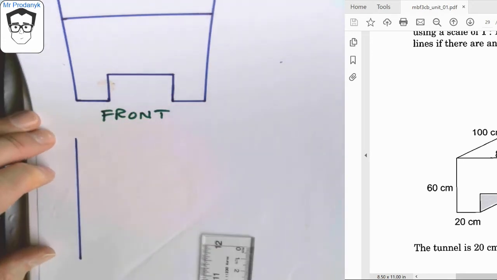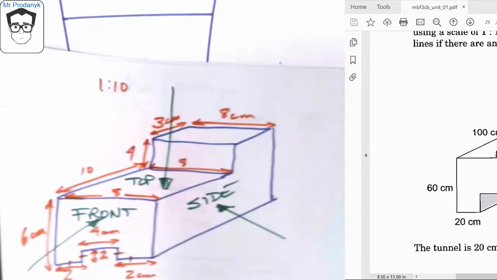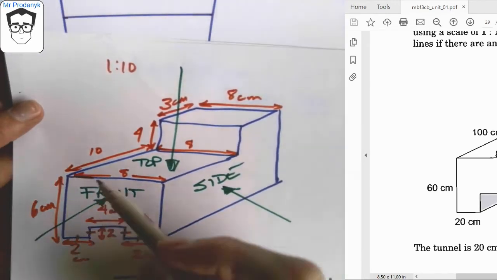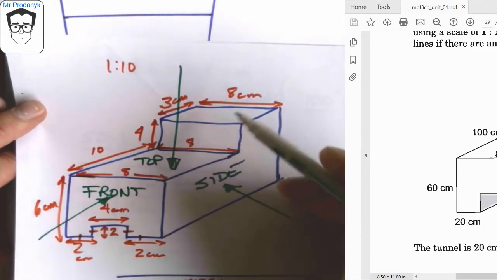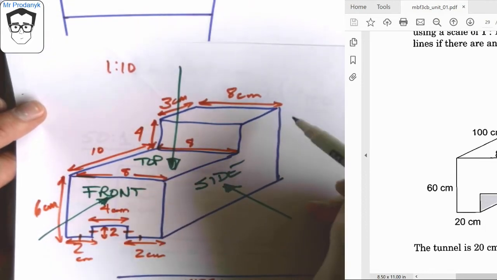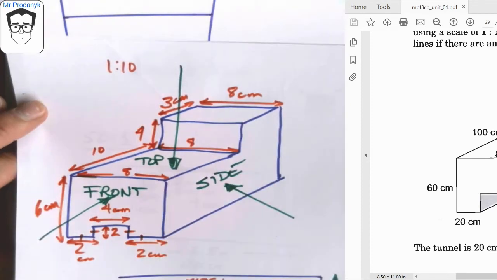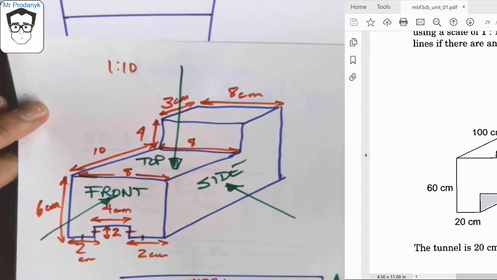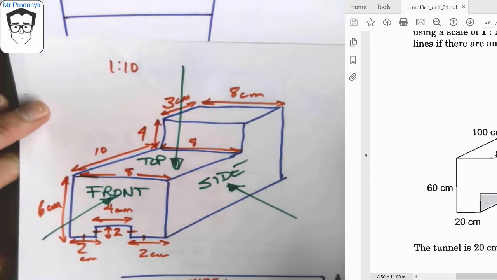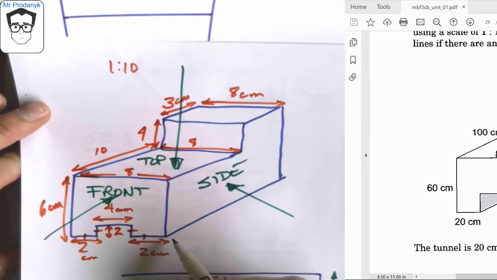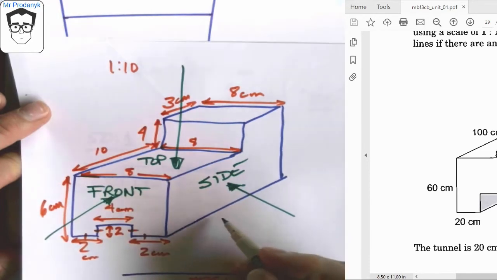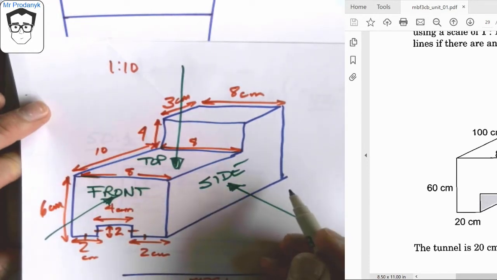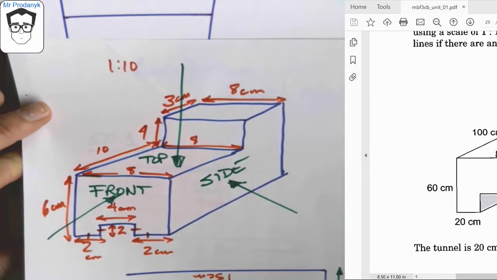The total length of this shape, if we go back here to our drawing. So again, we're using the 6 and the 4 right there to get the total height of 10 centimeters across the whole back. But the total length of this is the 10 and the 3 centimeters right there, so I need 13 centimeters across the back.